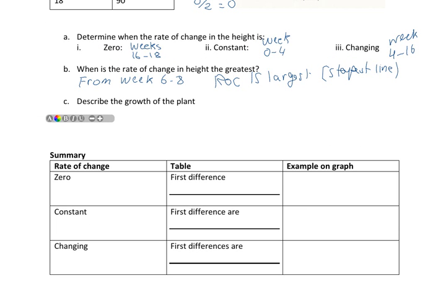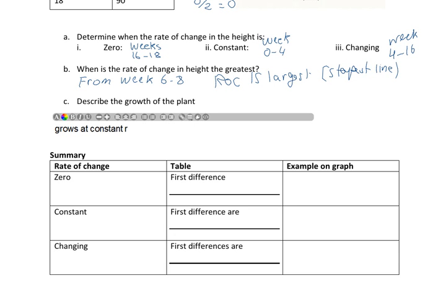It grows at a constant rate at first, from 0 to 4 weeks, then the growth rate increases for the next 4 weeks.